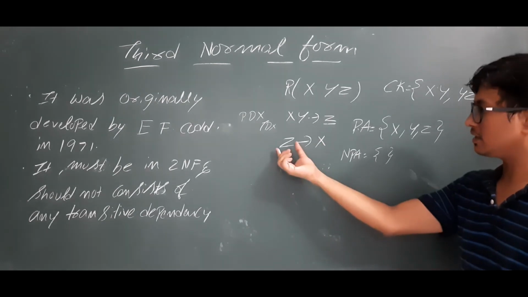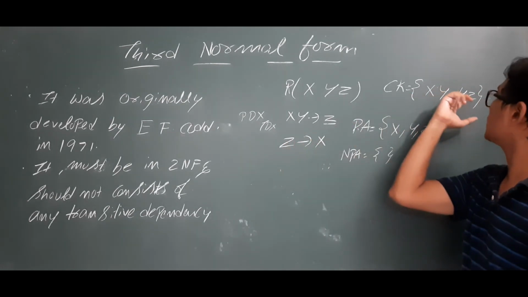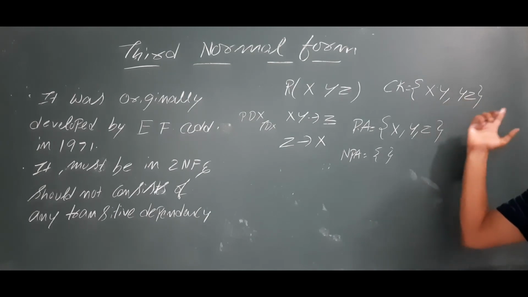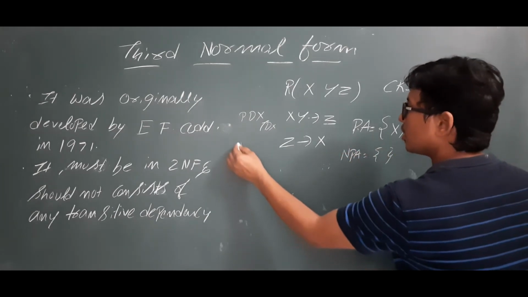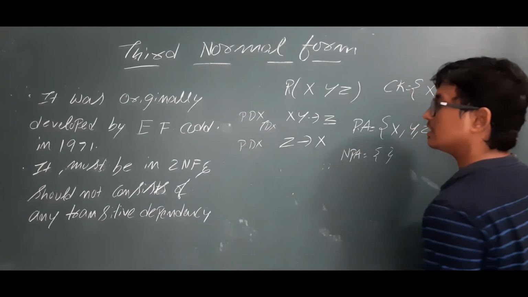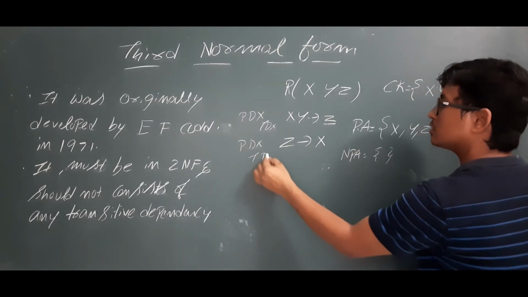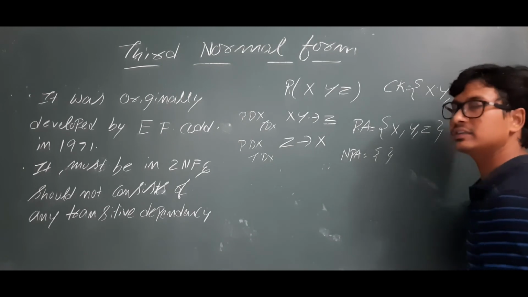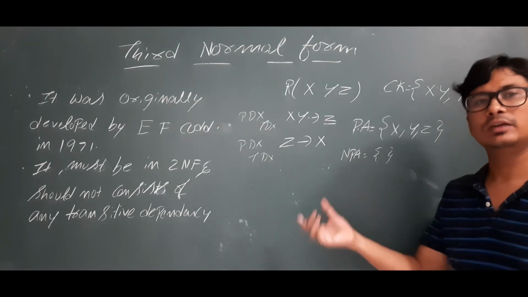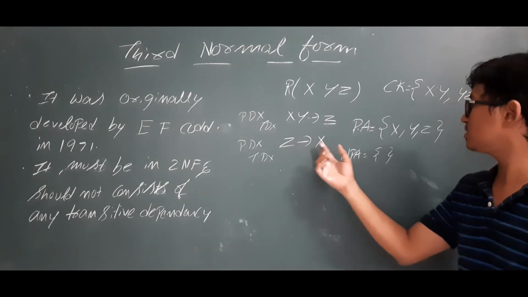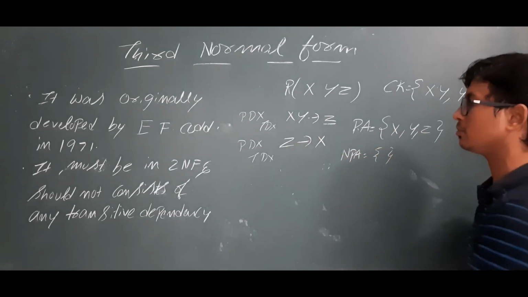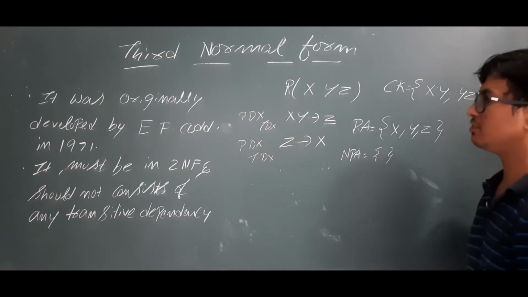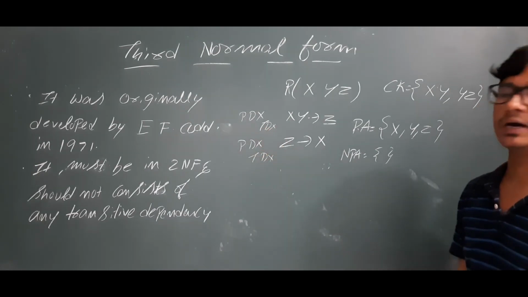The left hand side is satisfied, since it is a part of the candidate key, because the key is YZ. But the right hand side is a prime attribute, so it is not a partial dependency. It is not a transitive dependency either. Why? Both left hand side and right hand side should be non-prime attributes, whereas here the left hand side is a prime attribute and the right hand side is also a prime attribute. It does not consist of transitive or partial dependencies.